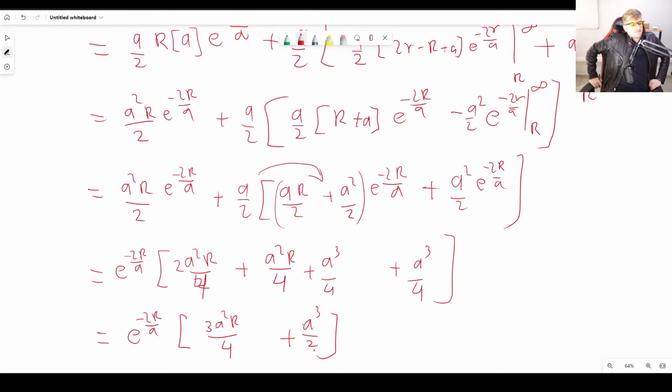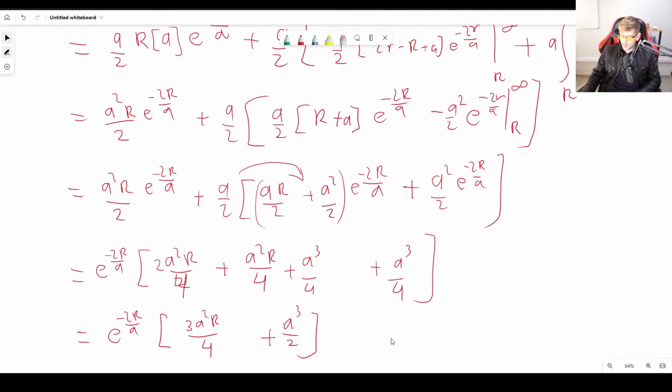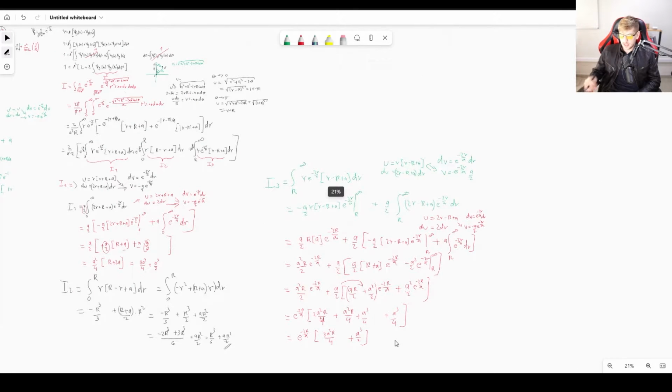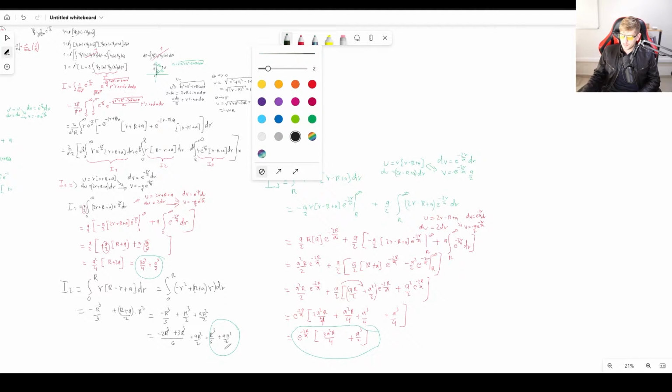Okay. So this is I3. So now we calculated all three of them. We have I1 right here, I2 right here, and I3 right here. So let's plug all of that into our original equation, which is right here.